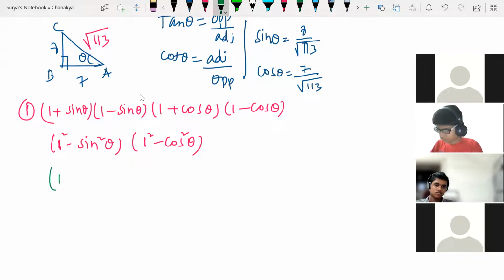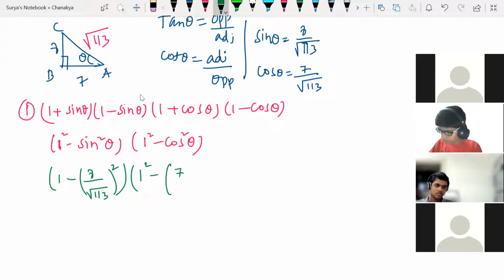Look at this: 1 minus sine square is 1 minus 64 by 113. Yes or no?